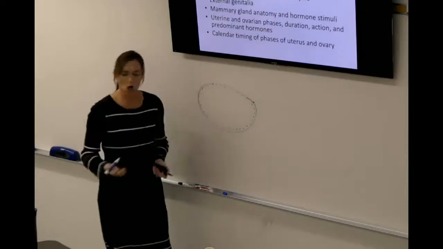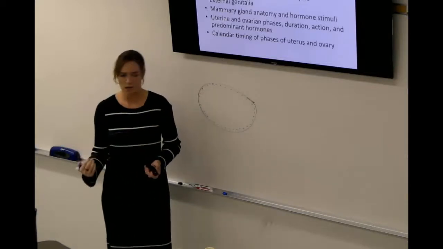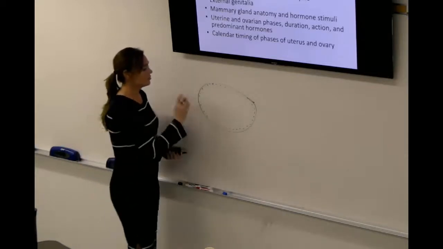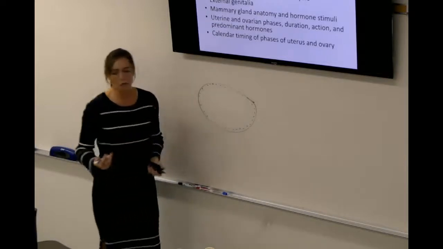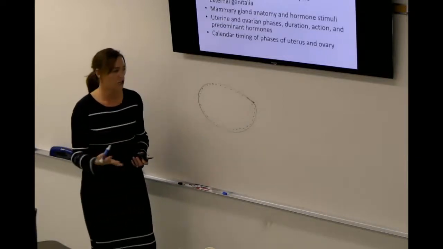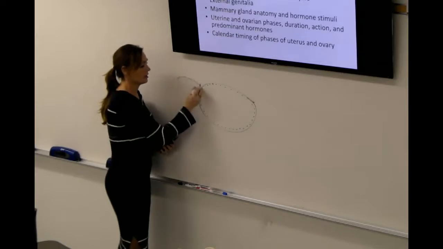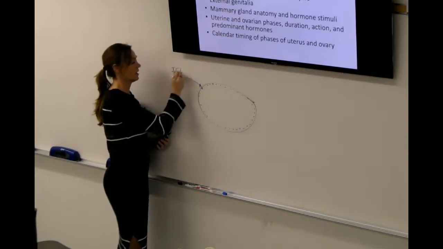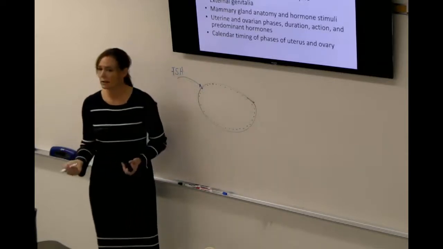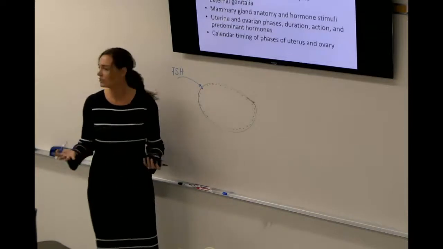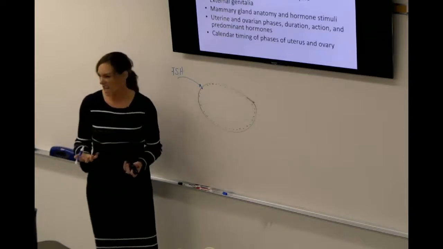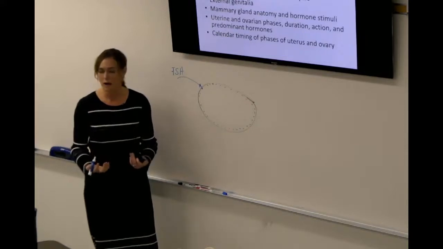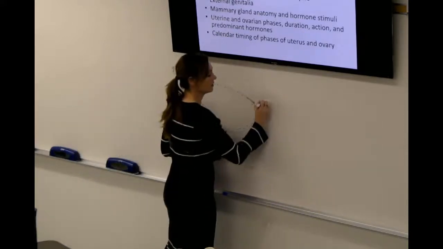And they are in a halted state of meiosis. Meiosis is not completed. And so it is only upon puberty and hormonal stimulation, particularly follicle stimulating hormone, that is going to kick in and say, let's get a batch of eggs going. So about 10-ish come out of this primordial follicle state.